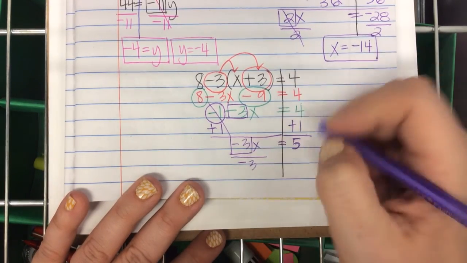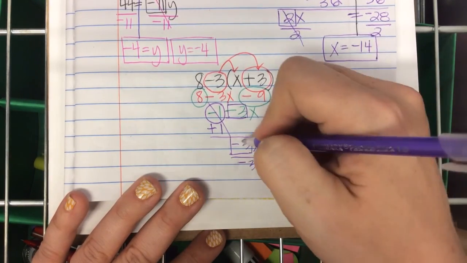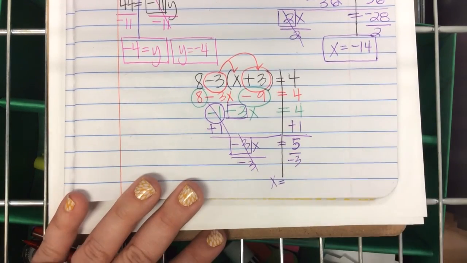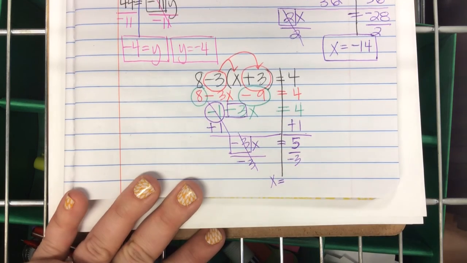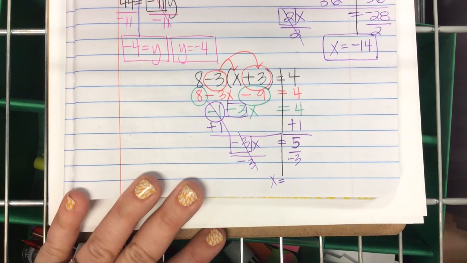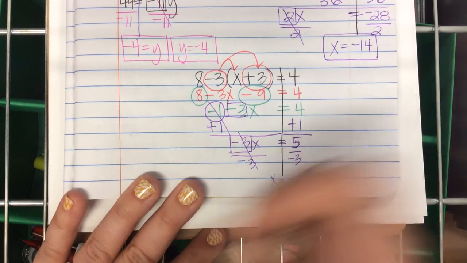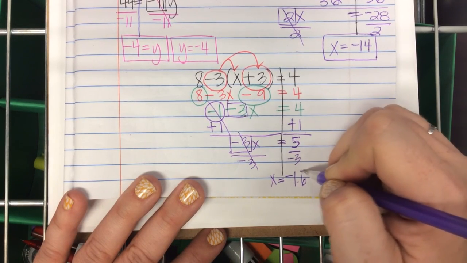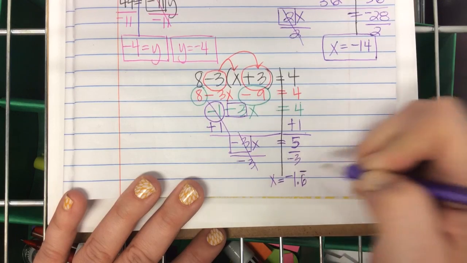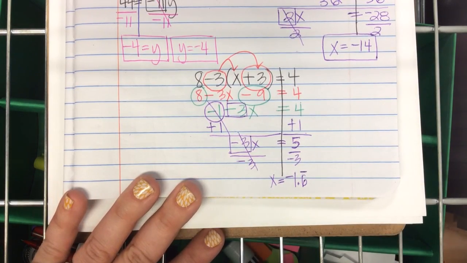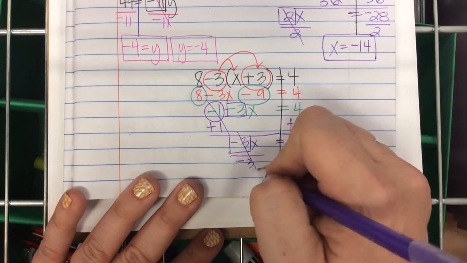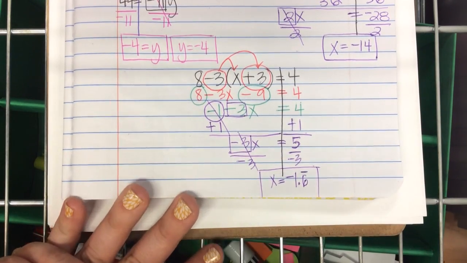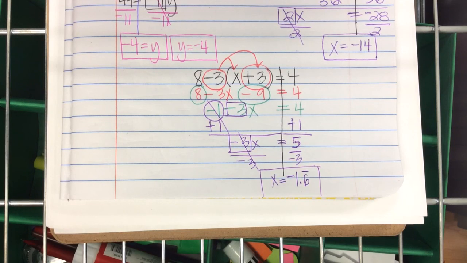Divide by negative 3. X equals, what's 5 divided by negative 3? Negative 1.6 repeating? Decimals happen. Autumn.